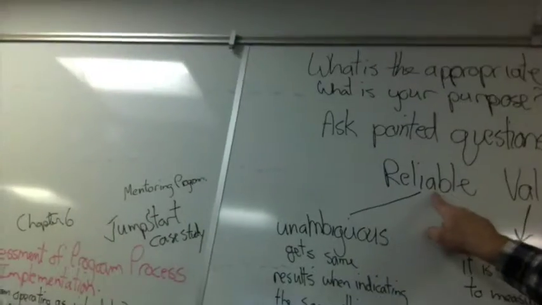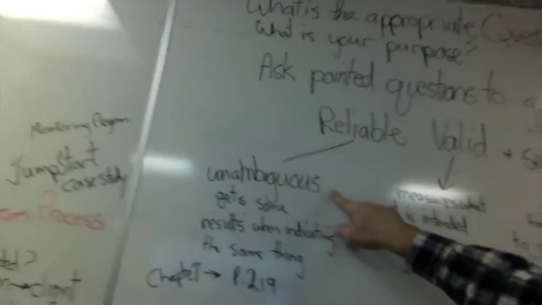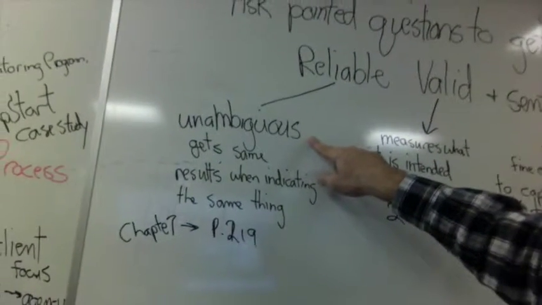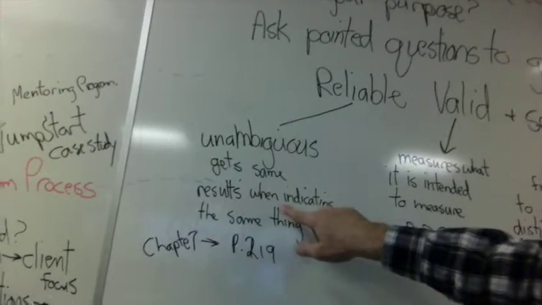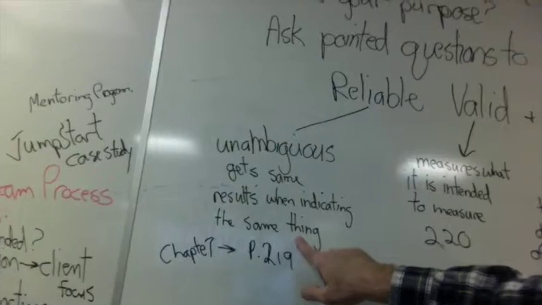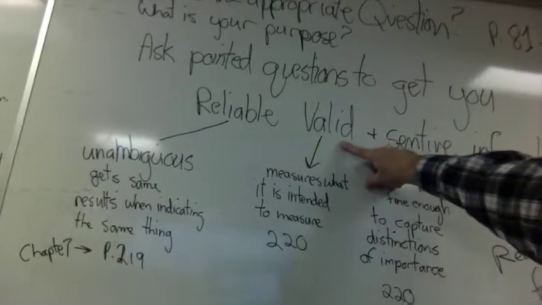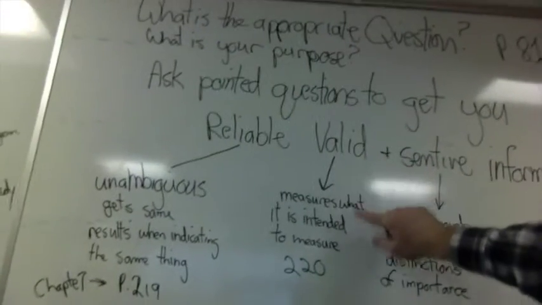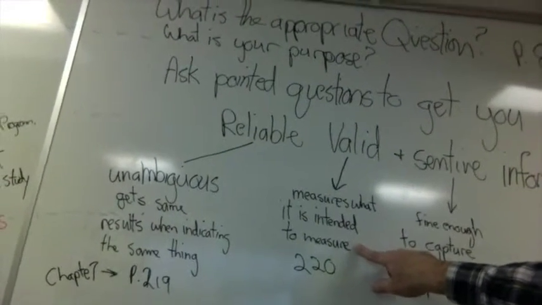And basically, to be reliable, questions need to be unambiguous to the respondent. You want to make sure that you get the same results when the response is indicating the same thing. Okay? You want to make sure it's valid. Your questions are valid in that it really is getting you the information that you think it will get you. Right?